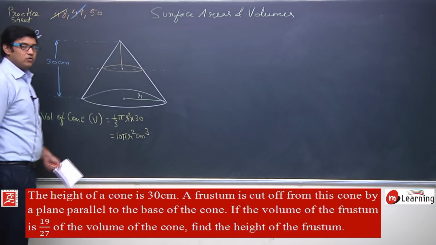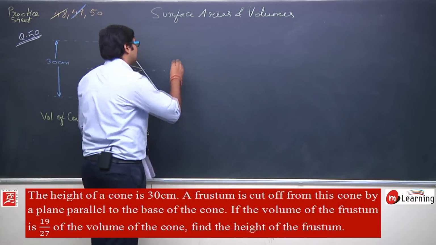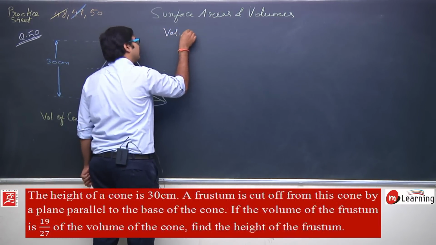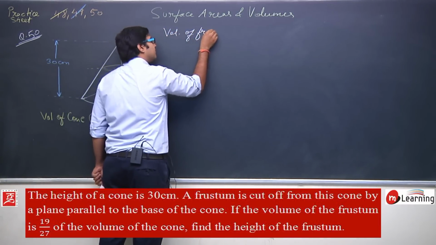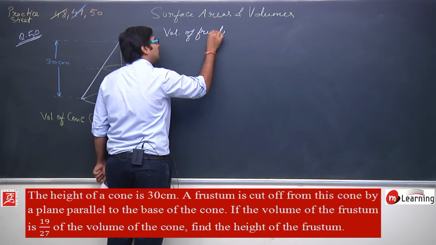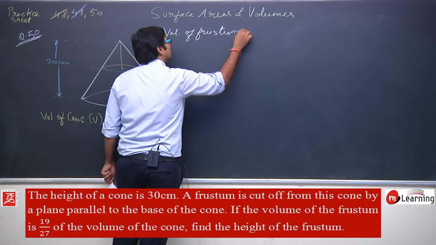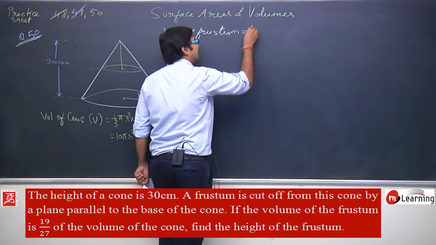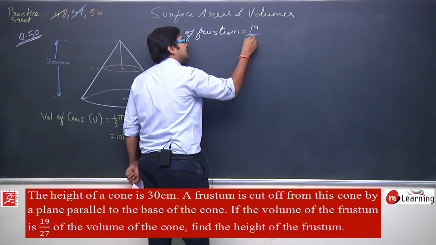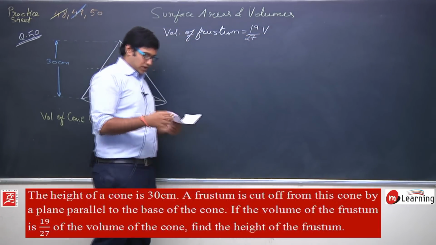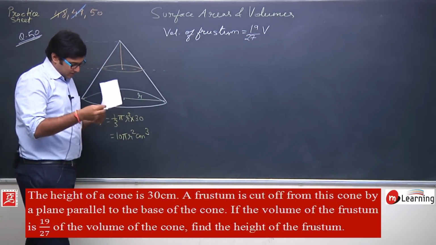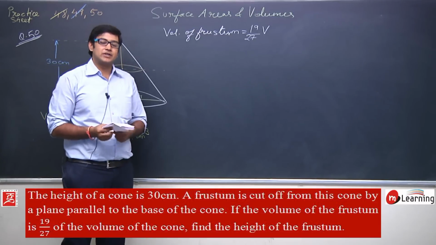This is the volume of the cone. Now what is the volume of the frustum? The volume of the frustum is 19 by 27 times the volume of the cone.